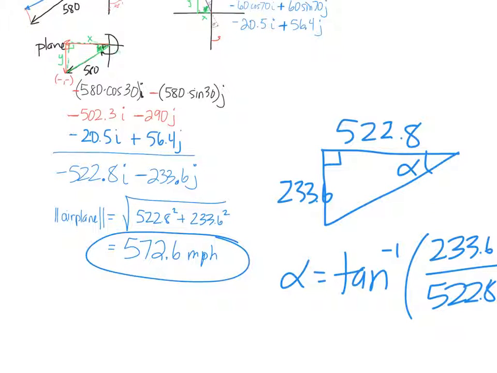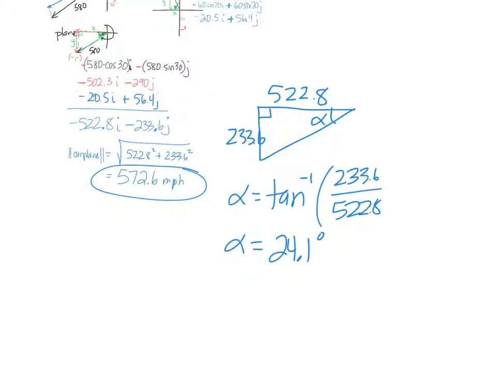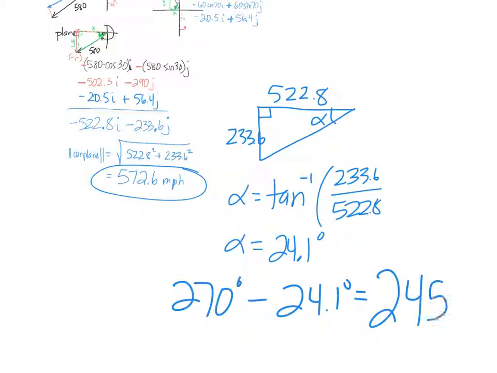Inverse tan, 233.6 divided by 522.8, means that angle is a 24.1 degree angle. Okay. Now if I subtract that from 270, since that's my next whole value, 270 minus that means the plane has a 245.9 degree course.